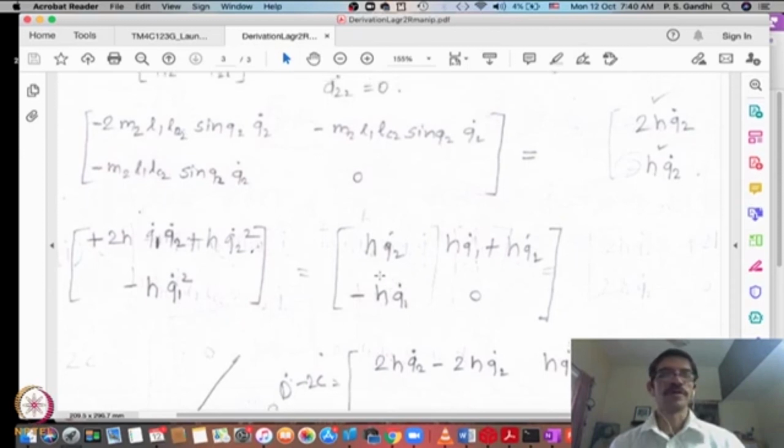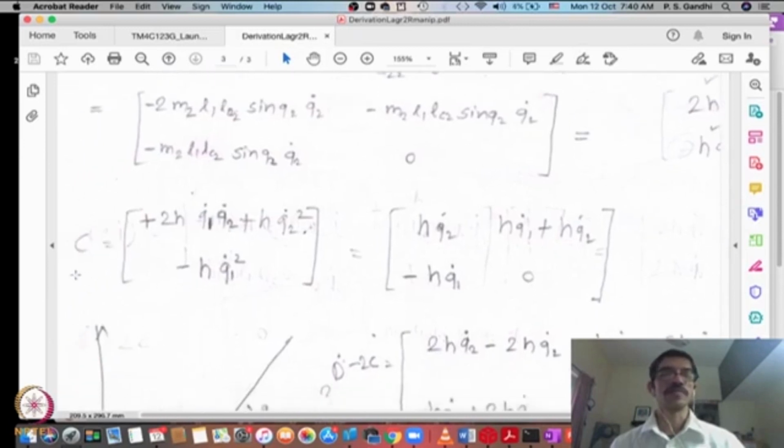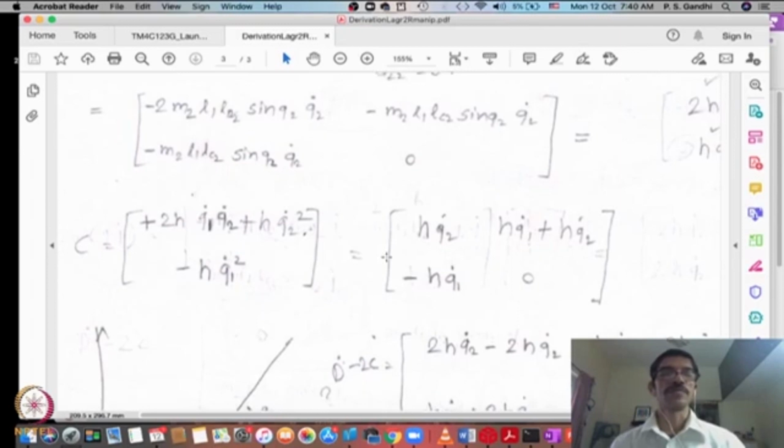So this is 2H Q1 dot Q2 dot, H Q2 dot square, and minus H Q1 dot square, which is C times the Q dot term. Actually, this Q dot is missing here. So I am trying to get my C matrix from here, and this is one of the possibilities for the C matrix.